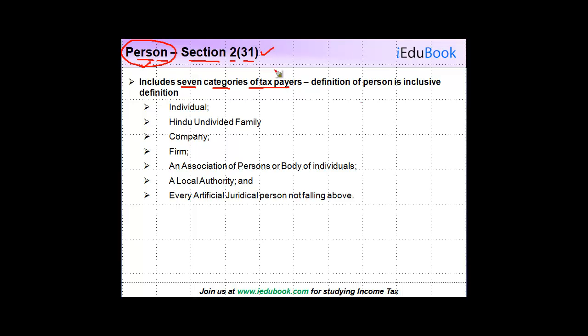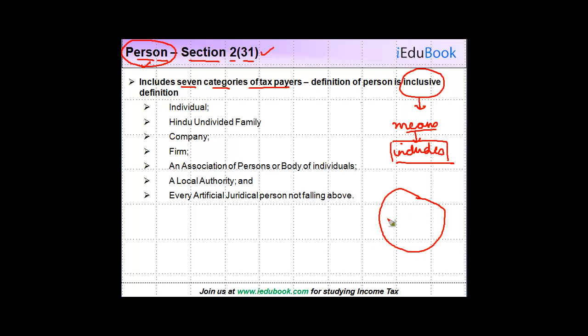Okay, so the definition of person is an inclusive definition. I spoke a little bit about the definition which says means and which says includes. So when you say it includes, what it means is that the definition of person is this big, okay, but within this definition, somewhere these 7 categories of taxpayer lie.